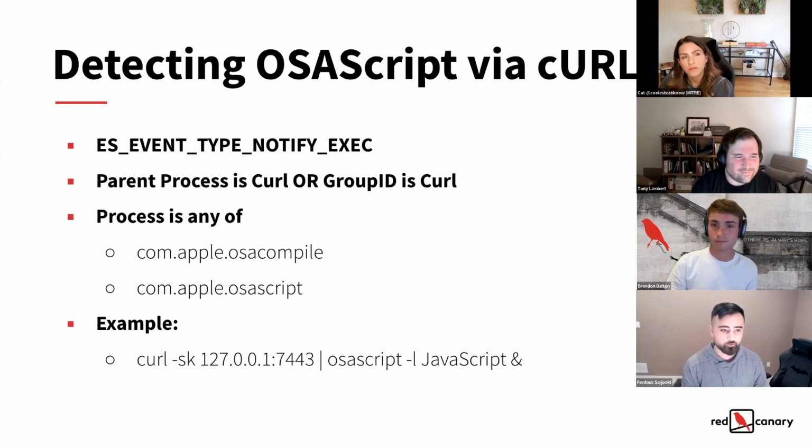So those are additional things that you can add in some of your detections. And this is what I like to call an in-memory execution, where curl is being piped to JXA, and that essentially allows it to execute directly in memory without the payload ever touching the disk.